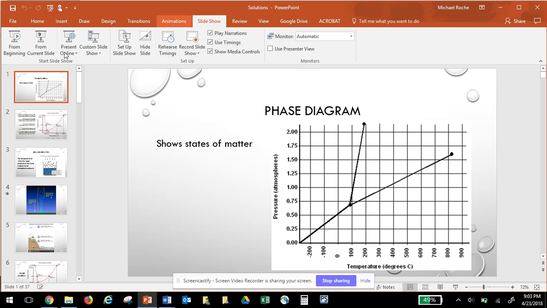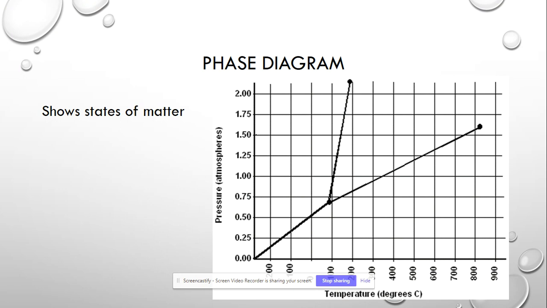Hey kids, so here's what I was talking about last week. We started with the phase diagram, and we talked about how on the x-axis you have temperature, and on the y-axis you have pressure.